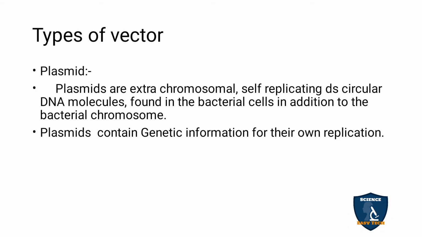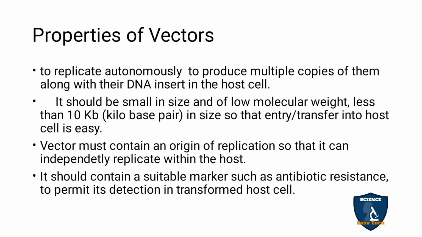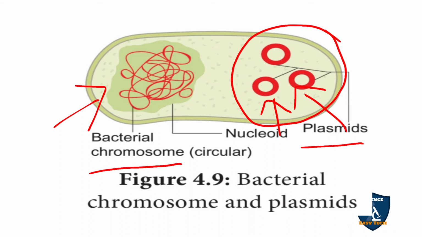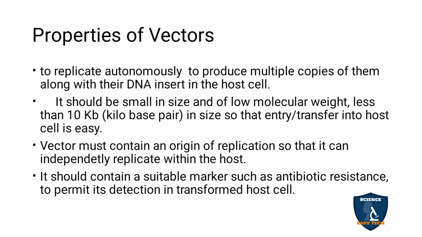Types of vectors. Plasmids. Plasmids are extrachromosomal, self-replicating, circular DNA found in the bacterial cell in addition to the bacterial chromosome. So, this is the extrachromosomal ring, which is circular, present in the bacteria in addition to the bacterial chromosomal DNA. It is called plasmid.